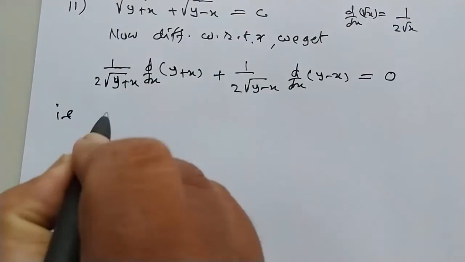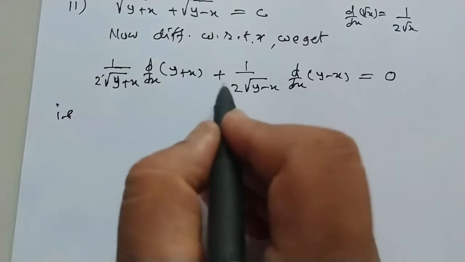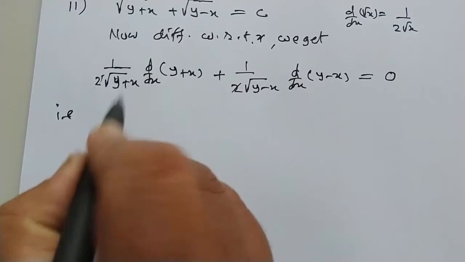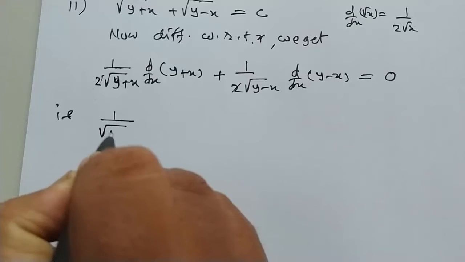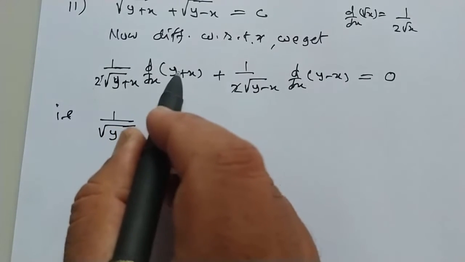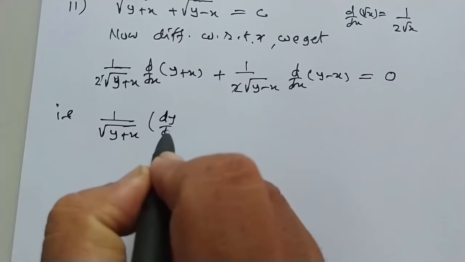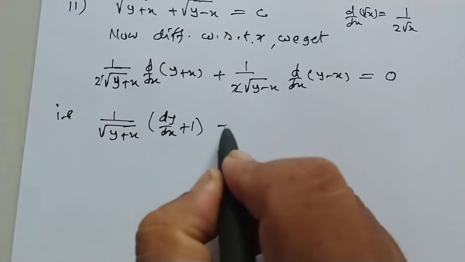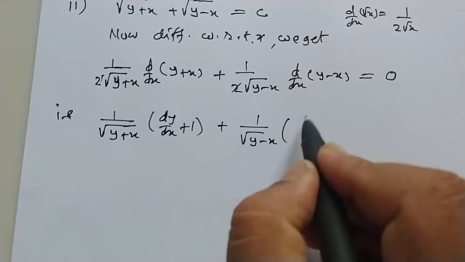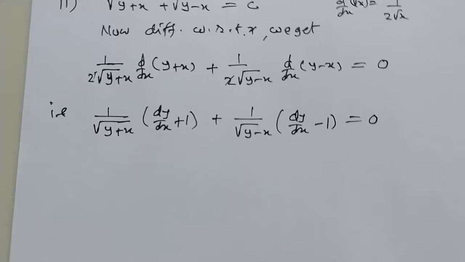Multiplying throughout by 2, the 2 gets cancelled, and therefore 1/√(y+x) into the derivative of the bracket: the derivative of y is dy/dx, the derivative of x is 1, plus 1/√(y−x) into the derivative of y−x: dy/dx minus 1, is equal to 0.